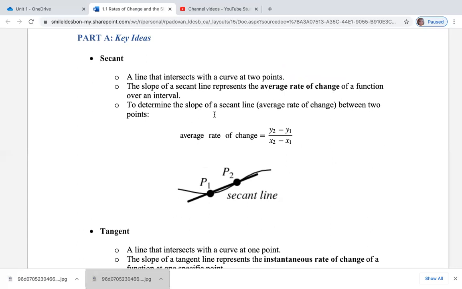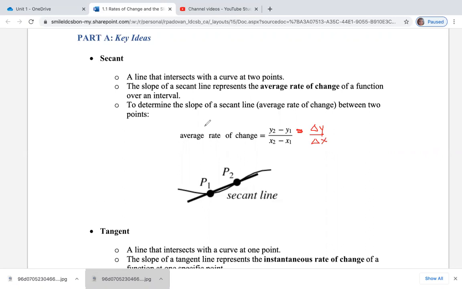To determine the slope of the secant line, or what we will call the average rate of change between 2 points, this would be my formula. The average rate of change is equal to the slope, from grade 9, y2 minus y1 over x2 minus x1, or in other words, the change in my y's over the difference of my x values.